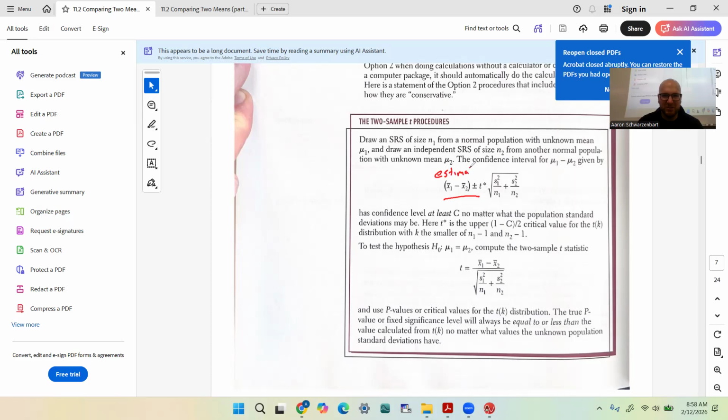Estimate here, well, now my estimate is my difference in the X bars. This chunk here, margin of error. Well, the standard deviation formula or standard error formula in this case got more complicated because I'm combining two of them, but otherwise it's the same formula.